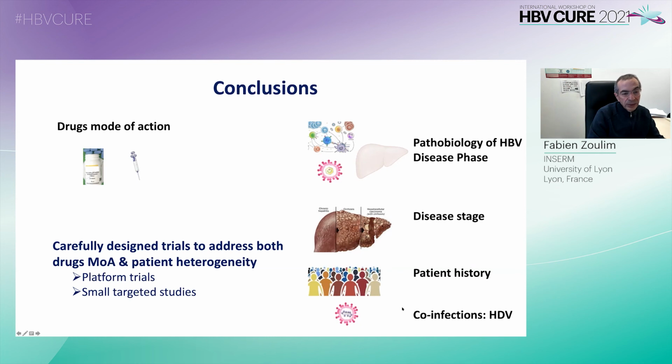For this, we need carefully designed clinical trials to address both the drug's mode of action and patient heterogeneity. This may be part of large platform trials for companies that have different assets, or small targeted studies that would address different modes of action or different patient populations.